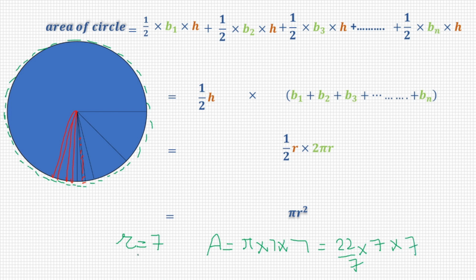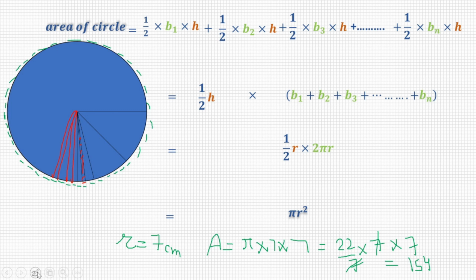Now here we can reduce it like this. So the area is this. If the radius is in centimeters, the area will be in square centimeters. If the radius is in meters, the area will be in square meters. Suppose this is in centimeters, so the area here will be in centimeter square.